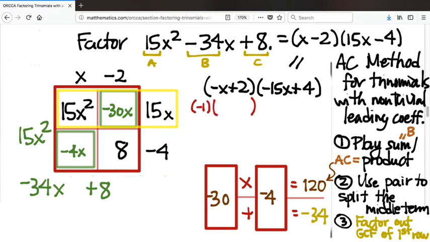If I factored a negative 1 out of that first factor, we would have ended up with an x and a negative 2. And if I also then did it from the second factor, factor a negative 1 out of those two terms, we would have ended up with a positive 15x and a minus 4.